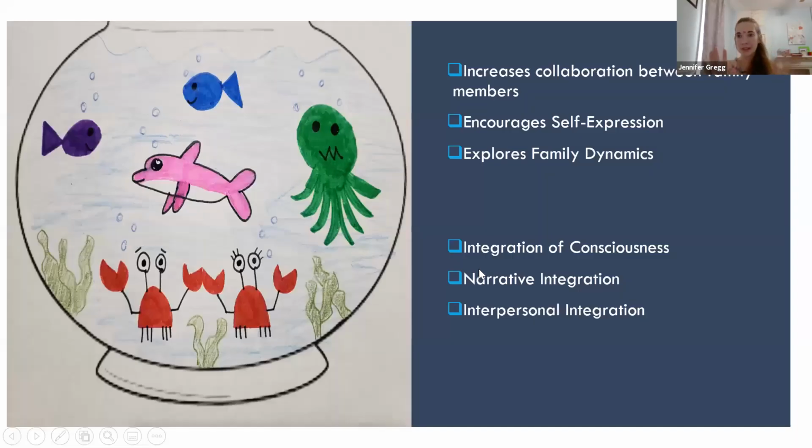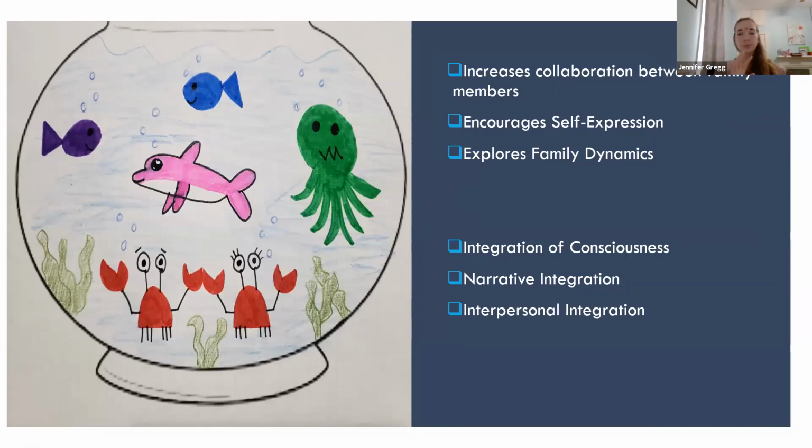So this is a quick little sample. This is a mock of one that I did, with bits and parts of things that I remember seeing in other therapy sessions. So your fish and fish world can be whatever you want. We've got some crabs, an octopus, a dolphin, and a couple different fish.